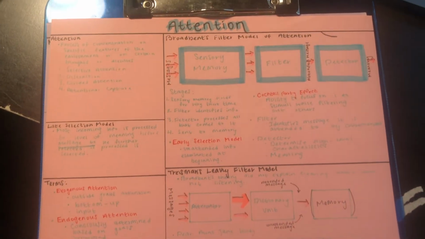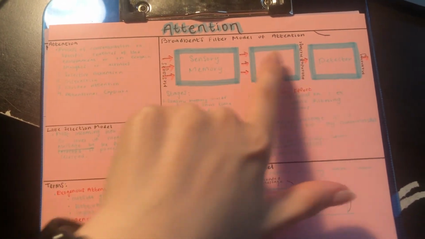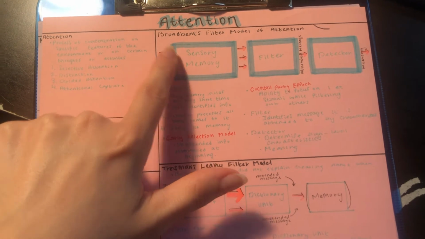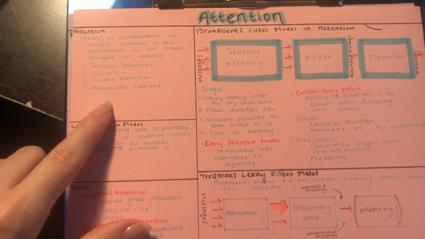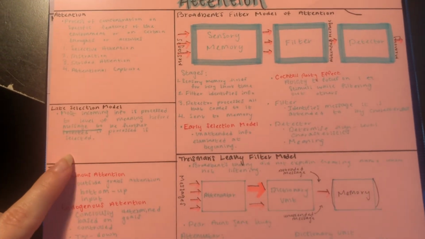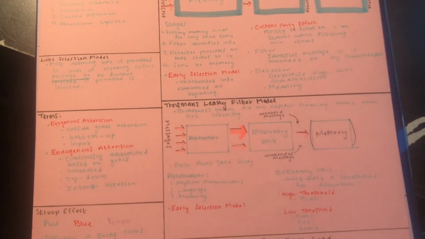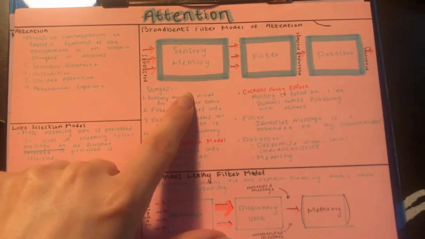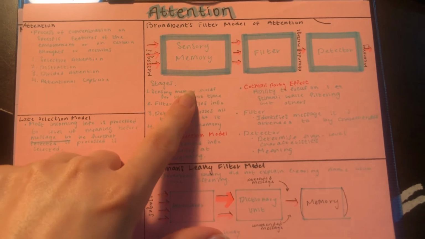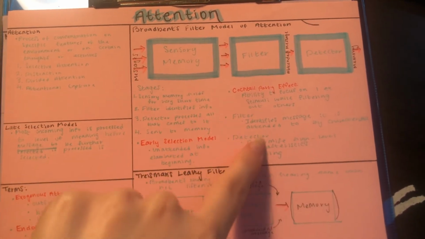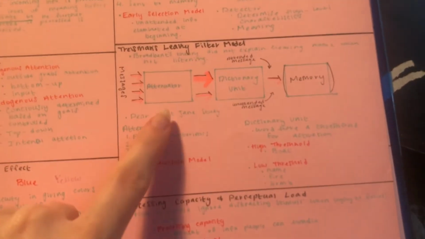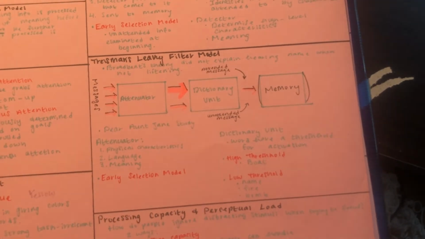So I made each little section, each header I made into a section, and then as you can see under here, I just wrote what information I thought was most important to write under here. So here you can see I have a diagram, and under here I kind of explained the diagram. Here's another example where there was a diagram and I sort of explained it.